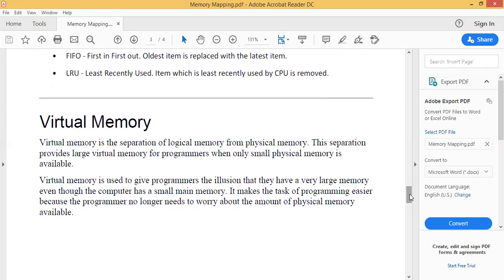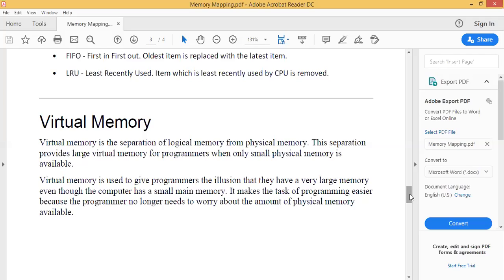Next, virtual memory. Virtual memory is the separation of logical memory from physical memory. This separation provides large virtual memory for programmers when only small physical memory is available.